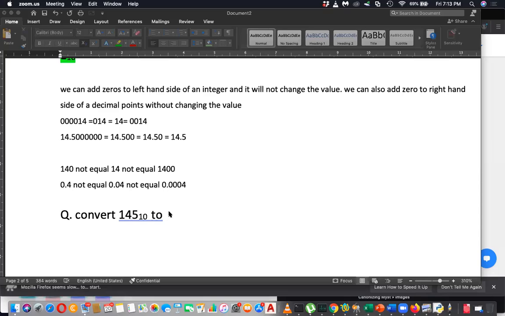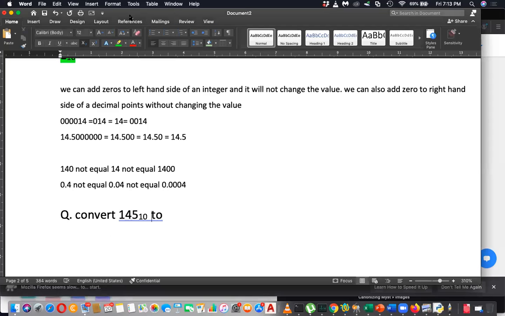Okay, write down this. Convert this number to binary, octal, and hexa. Quickly do this.